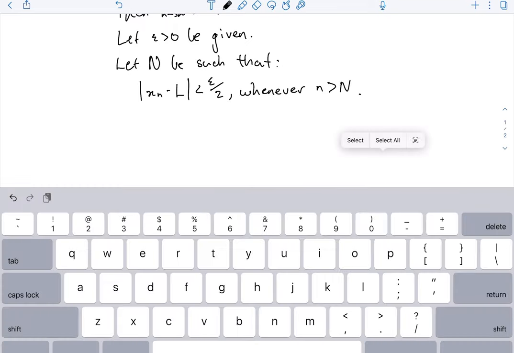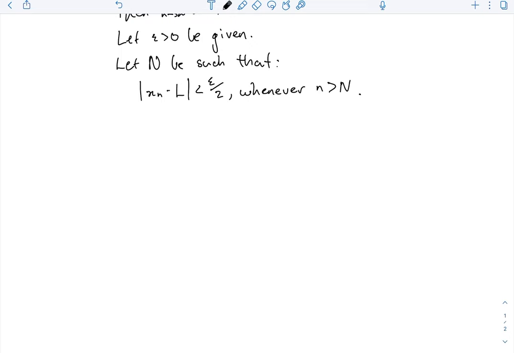And how do we know that such an N exists? As an aside, I'll just write that we know such an N exists since we know that our sequence xn converges.